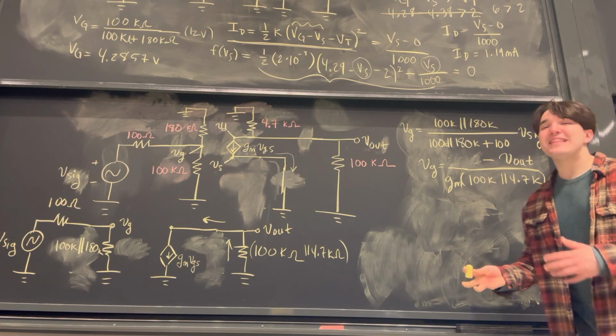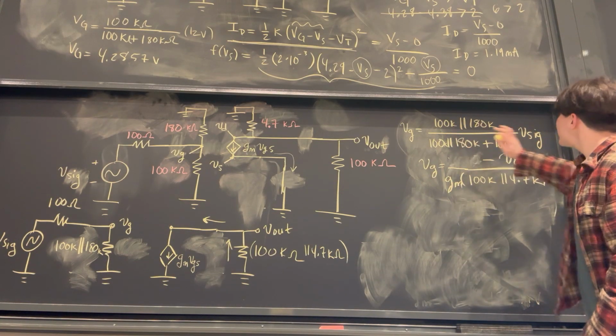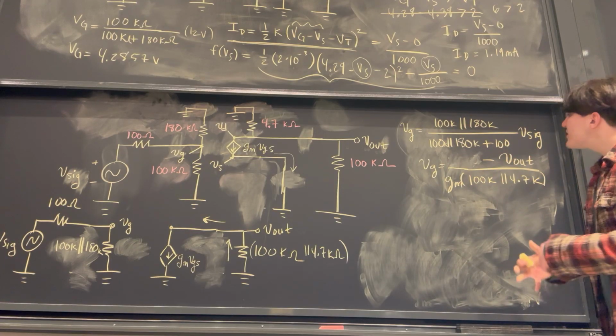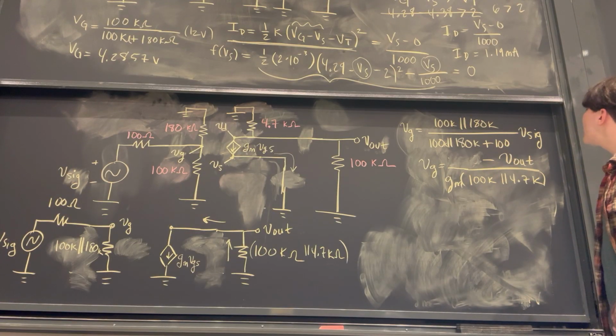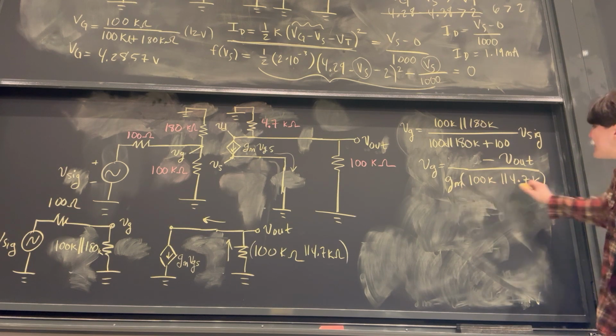So let's equate these two VG expressions and say that this equals this. If you go ahead and rearrange that and write everything out, you're going to have to divide both sides by V sig to find the ratio we're interested in. You're going to have to multiply by this denominator.